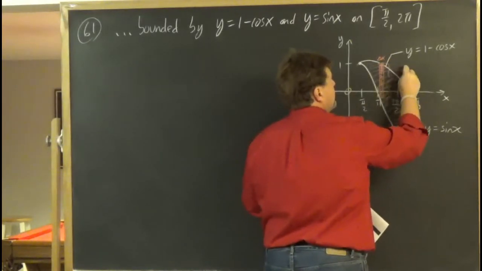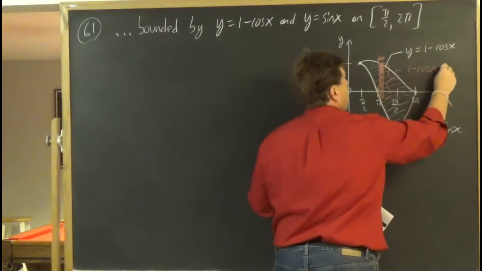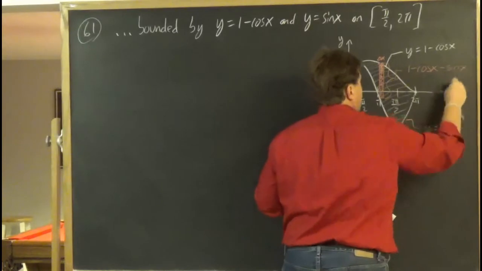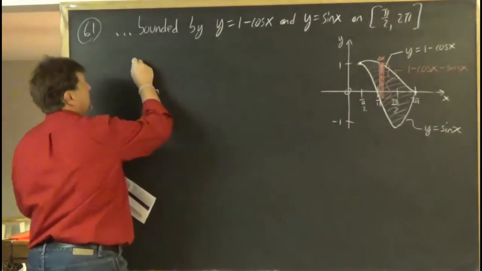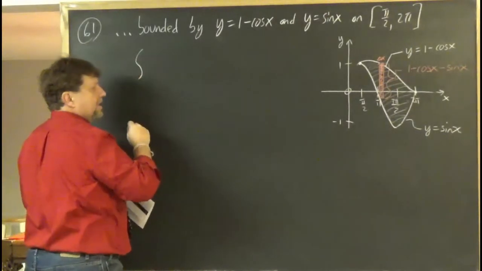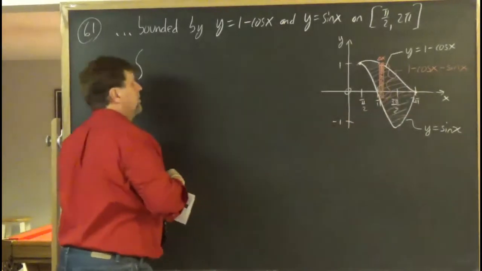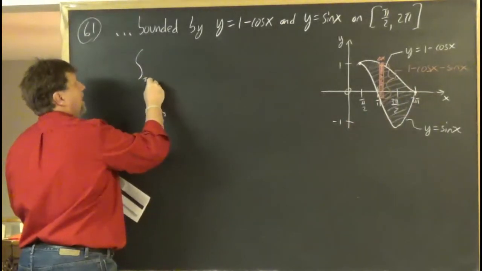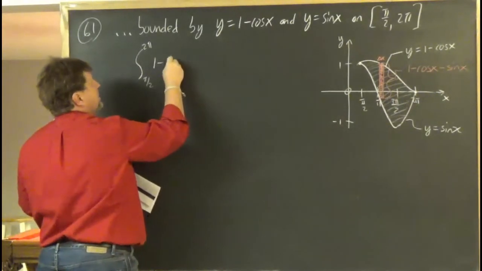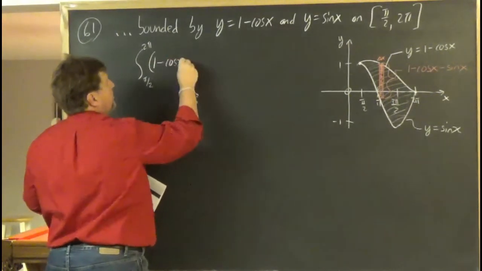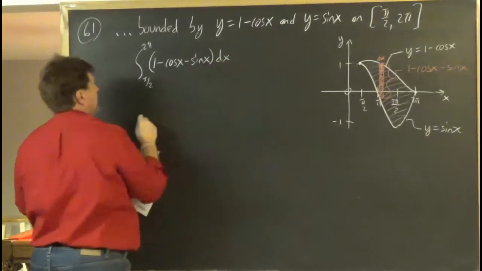The height is the top curve minus the bottom curve. So the area is found, well, this is pretty friendly. My points of intersection are actually the endpoints of the closed interval. So I'm integrating from pi over 2 to 2 pi. The top curve is 1 minus cosine x minus the bottom curve, which is sine x.